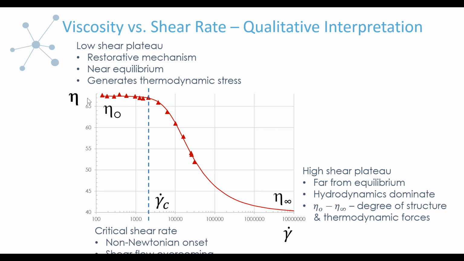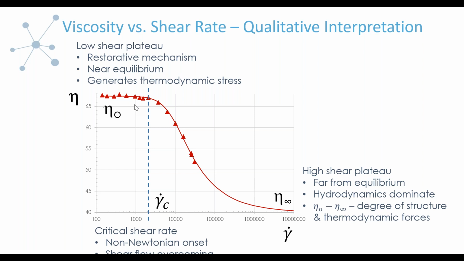So generally what we see for complex fluids is the presence of these Newtonian plateaus, one in the low shear region and one in the high shear region. Starting with the low shear region, this is one of the ones we're really going to focus on in today's webinar and when we analyze the data. So we want to think about why we even have a Newtonian plateau at all at low shear rates. The reason is that there's some mechanism that acts to restore or maintain the equilibrium structure.